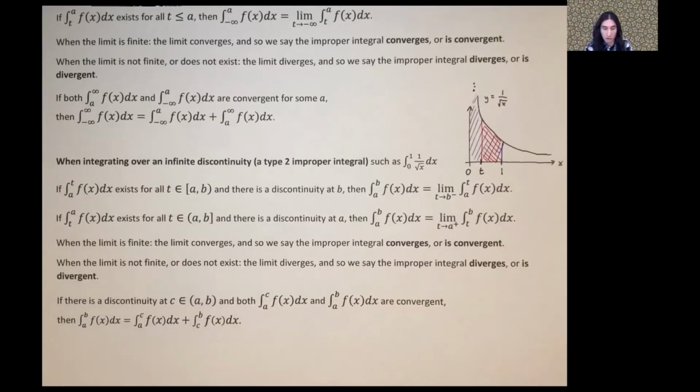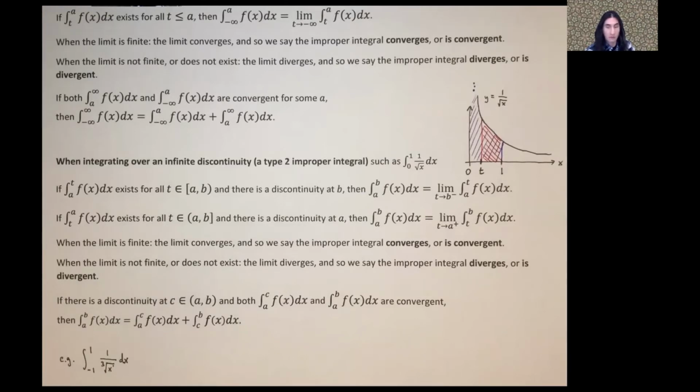say we wanted to evaluate something like the integral from -1 to 1 of 1 over the cube root of x. Well, notice that the cube root of x has actually got an infinite discontinuity in the middle, right at 0.